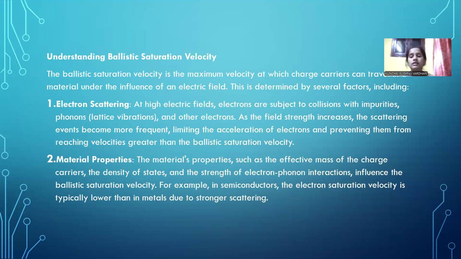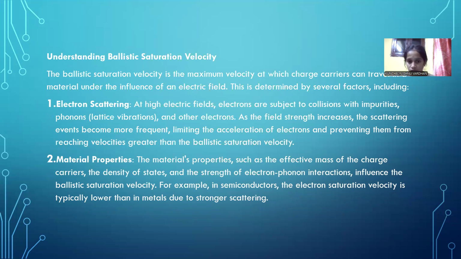Understanding ballistic saturation velocity. The ballistic saturation velocity is the maximum velocity at which charge carriers can travel through a material under the influence of an electric field. This is determined by several factors, including electron scattering.